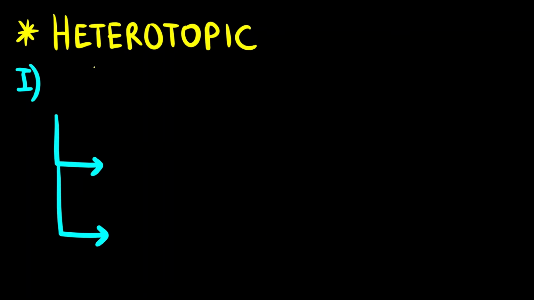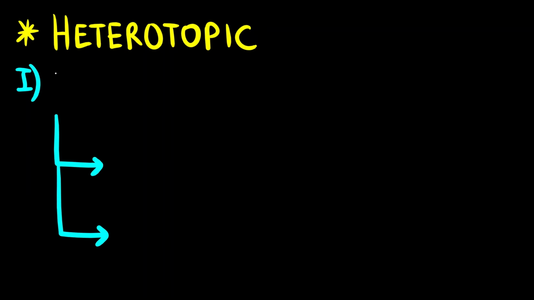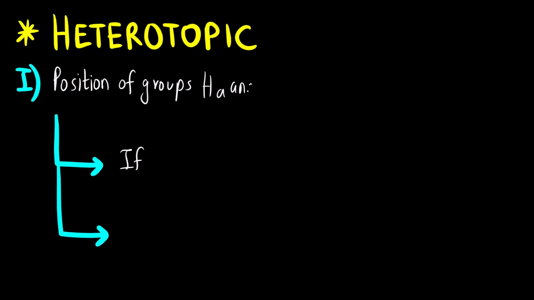Now, how do you find out the different types of heterotopic ligands that we are going to see now? So first, for finding out the heterotopic ligands, you have to check the position of the groups. Let's say two hydrogens, HA and HB.